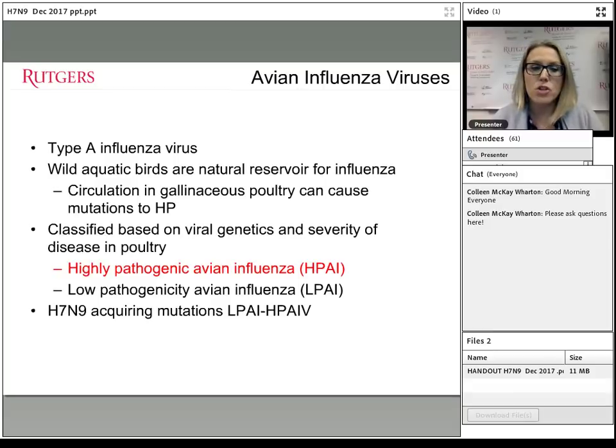I've highlighted the highly pathogenic avian influenza viruses in red because, in addition to causing very severe disease in birds, it is also categorized by the Centers for Disease Control and Prevention and the United States Department of Agriculture as a select biological agent, which means it's highly regulated. If it's identified in a laboratory setting, it must be reported to either the CDC or the USDA. And then if you don't have permission to maintain it, you must destroy it.